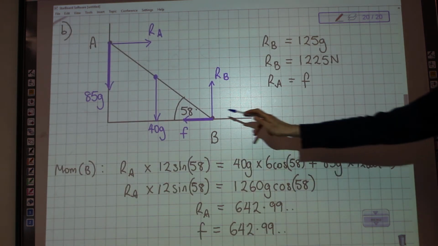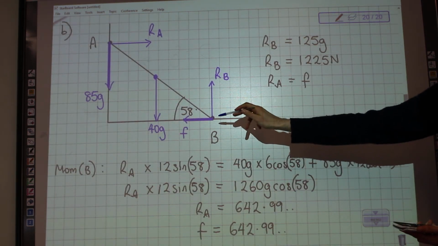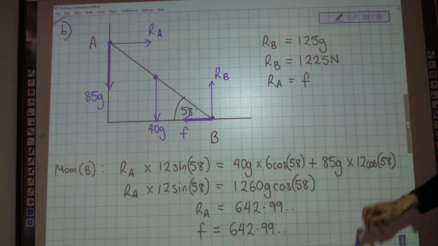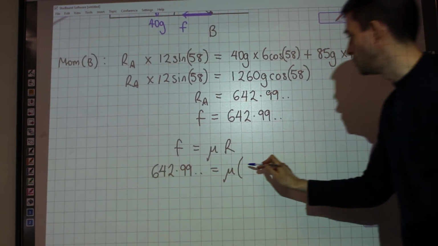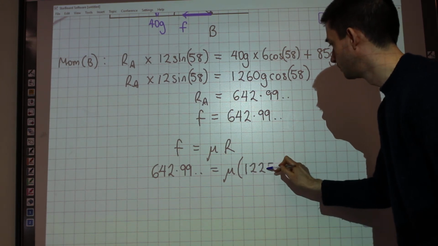Importantly though, it's the reaction at B, because that's where the friction's happening, not the reaction at A. The reaction at B I had already as 1225 newtons.